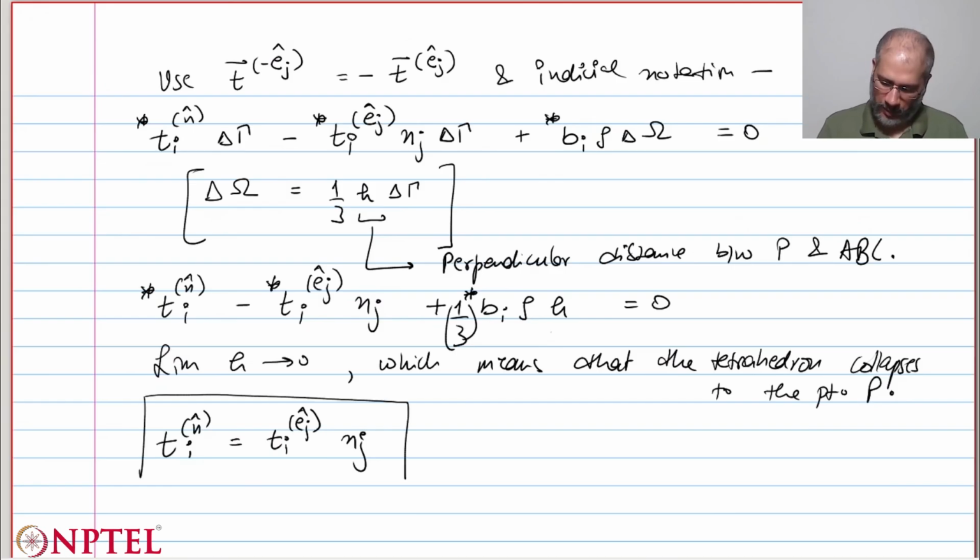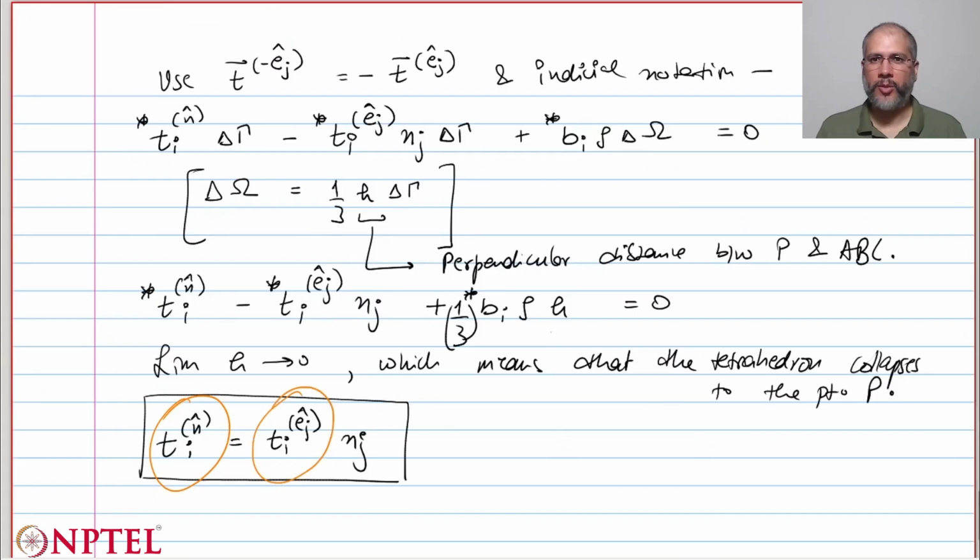So this is the expression we were waiting for, because now we have expressed the traction vector on any arbitrary cutting plane n hat in terms of the traction vectors on three mutually perpendicular cutting planes.